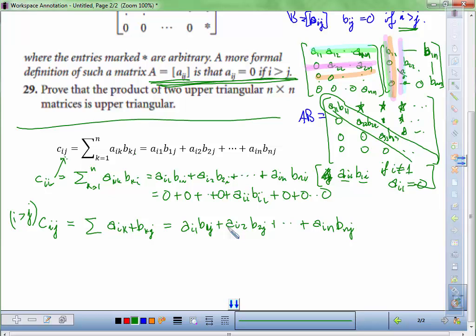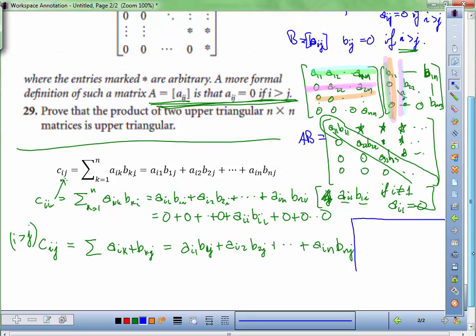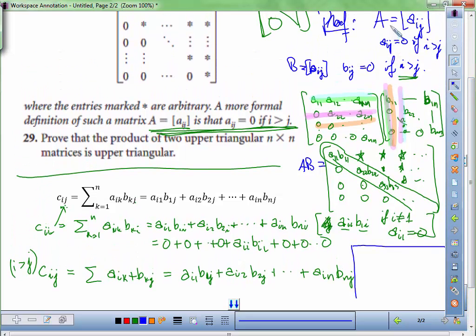So let's see if we can get to this logic. If i is bigger than j, and A and B are upper triangular matrices, then a_ij equals 0 and b_ij is equal to 0, right?